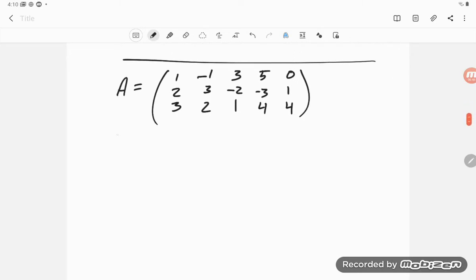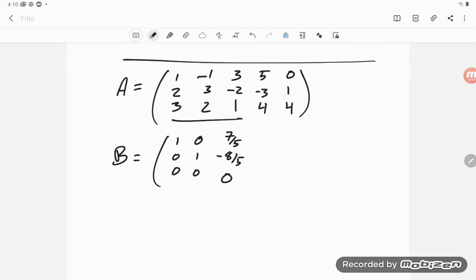That was A. And then B, the row reduced echelon form, is 1, 0, 0, 0, 1, 0, 7/5, negative 8/5, and 0. That's no surprise because that's what I started with before. Then 0, 0, 1, and then 31 over 5, negative 63 over 10, and negative 5/2.